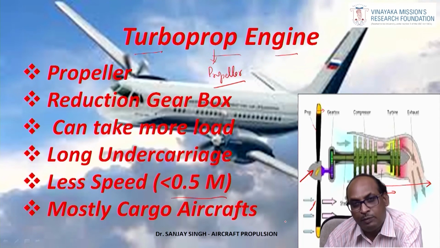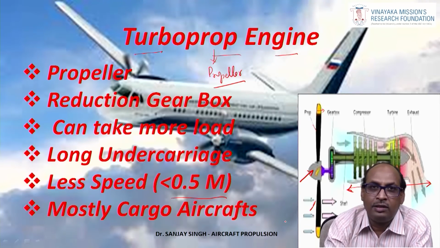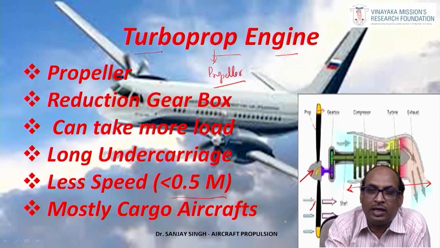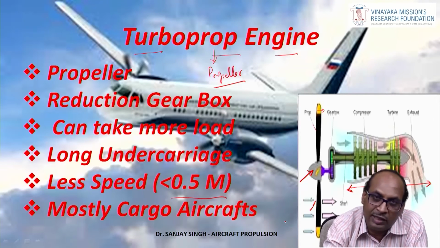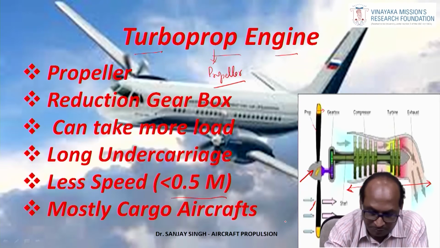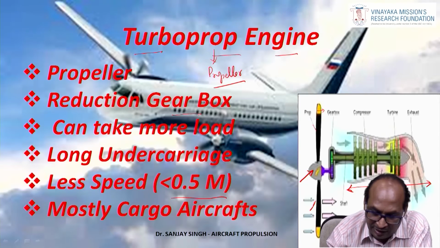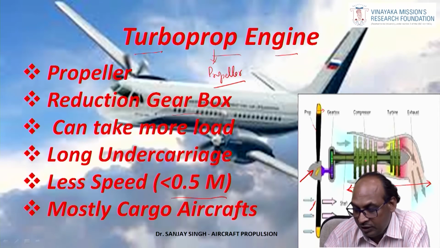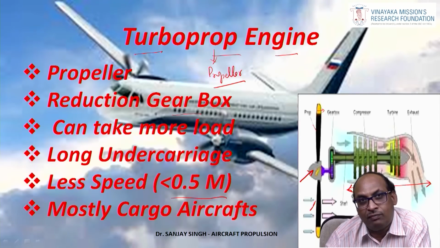That's why the aircraft in which turboprop engines are used are mostly cargo aircrafts. Even transport aircrafts are also there, but in cargo aircrafts we mostly have the turboprop engine. There will be a reduction gearbox because the propeller should not be driven at the same speed at which the engine shaft or the compressor shaft is running.